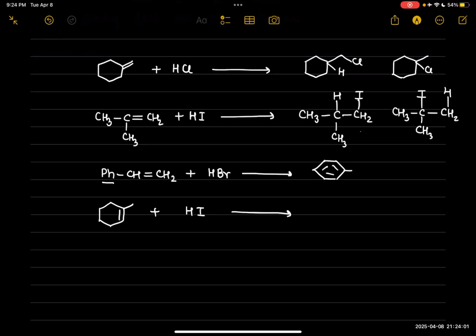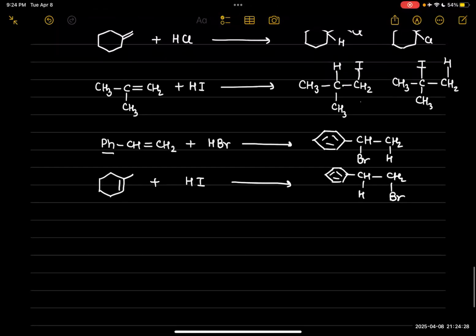I can write phenyl or I can write the benzene as a whole. CH2, I can put H and Br, or I can put H and Br the other way. Got it?